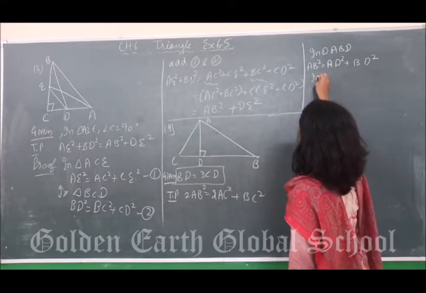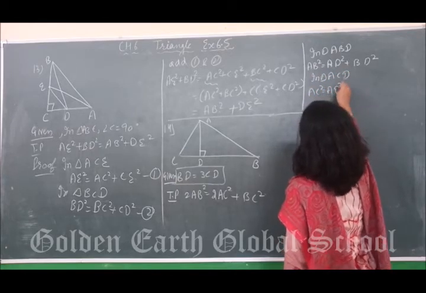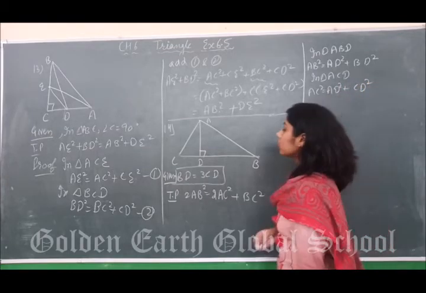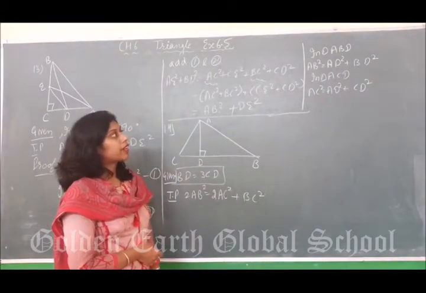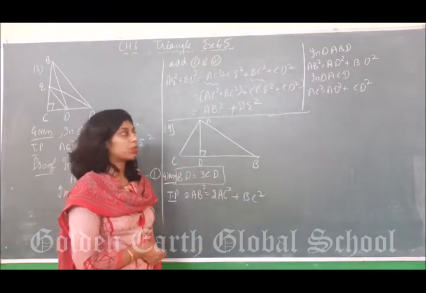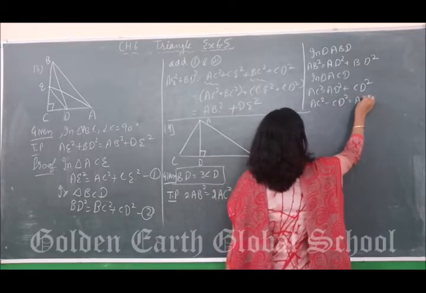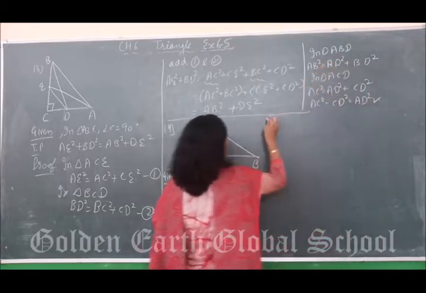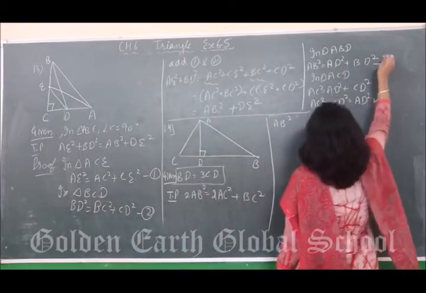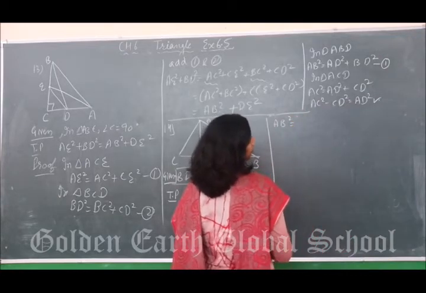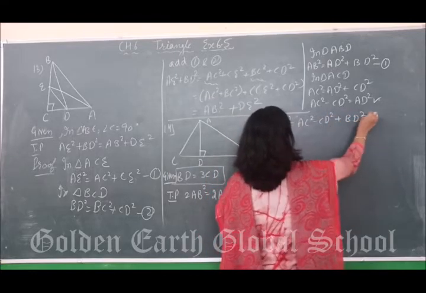Now in triangle ACD, AC square is equals to AD square plus CD square, so AD square is equals to AC square minus CD square.